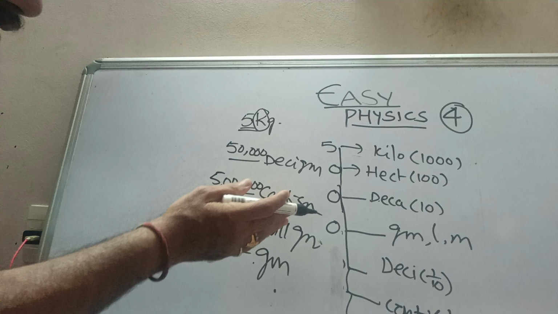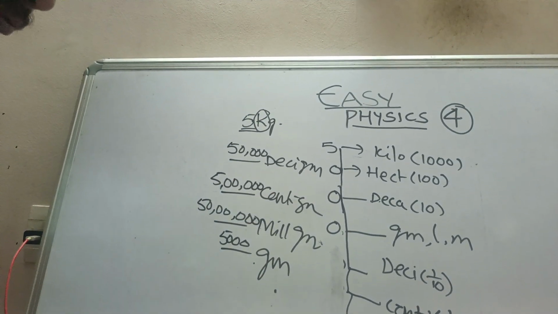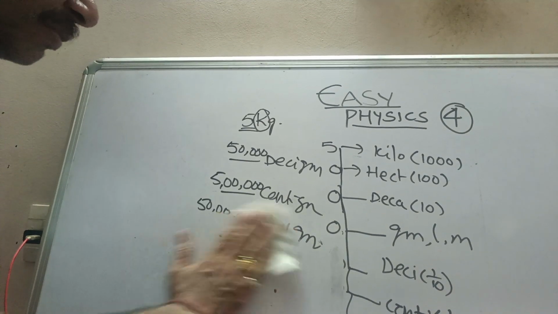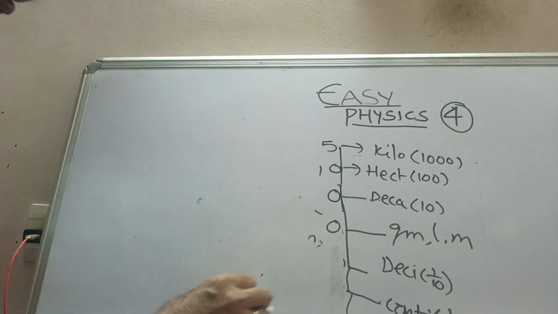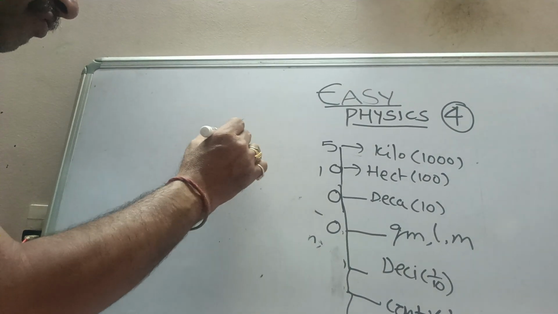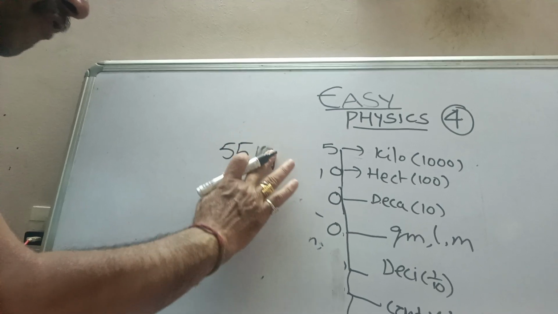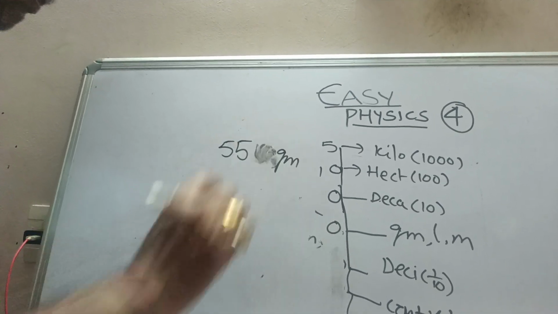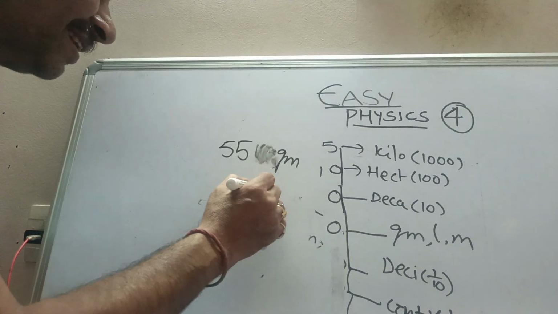So this is the way you have to convert higher value to lower value. I will give another example also. Let me explain more clearly for the conversion. Suppose it is given 55 grams, and you are supposed to change into centigrams.